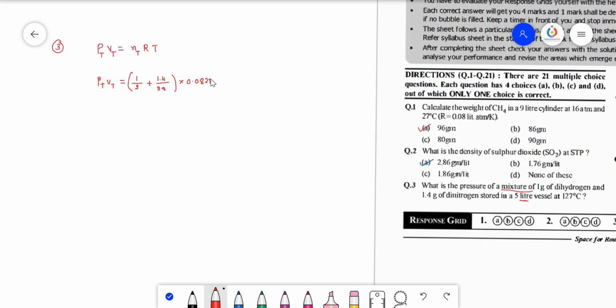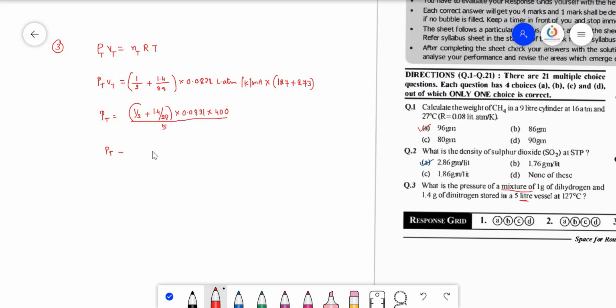so that R value you take as 0.0821 liter atmosphere per Kelvin per mole into temperature, which is nothing but 127 degrees centigrade plus 273, meaning we need to convert into Kelvins. This equals 400. Now the total pressure equals, we just take these values, 1/2 plus 1.4 divided by 28 into 0.0821 into 400 divided by volume, volume comes this side, total volume is 5 liters.